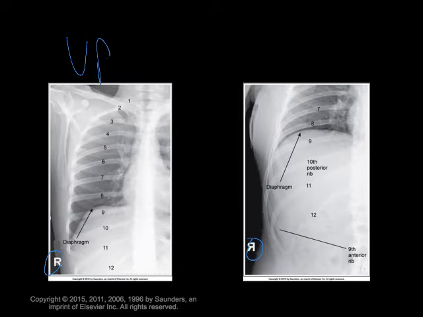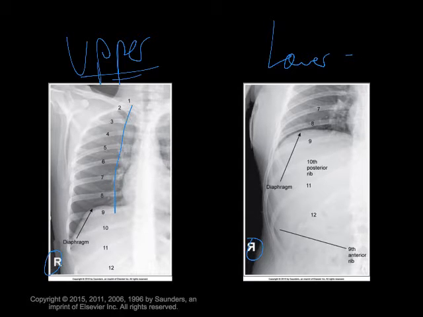And so these images were done differently in one critical way, besides the central ray position. The upper ribs were done on full inspiration, which allows us to get normally 1 to 9 above the diaphragm. And then the lower ribs are done on full expiration, and that generally allows us to visualize 8 to 12 below the level of the diaphragm, so that they have basically the same amount of contrast between them in the abdominal viscera.